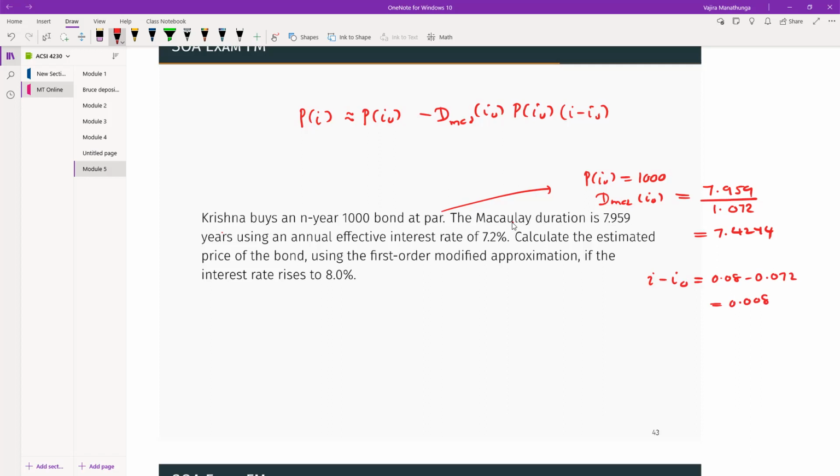So I have everything I need, and I can substitute and get the new price. P(i) is going to be 1,000 minus 7.4244 times 1,000 times 0.008, and that is going to result in 940.6. So this would be closely 940.60.